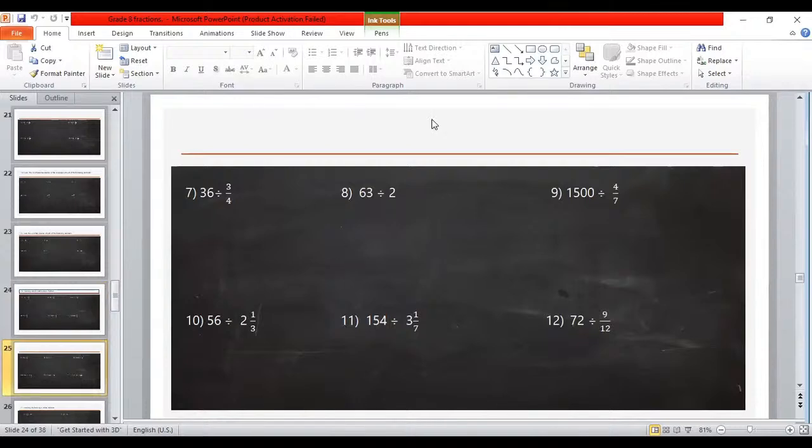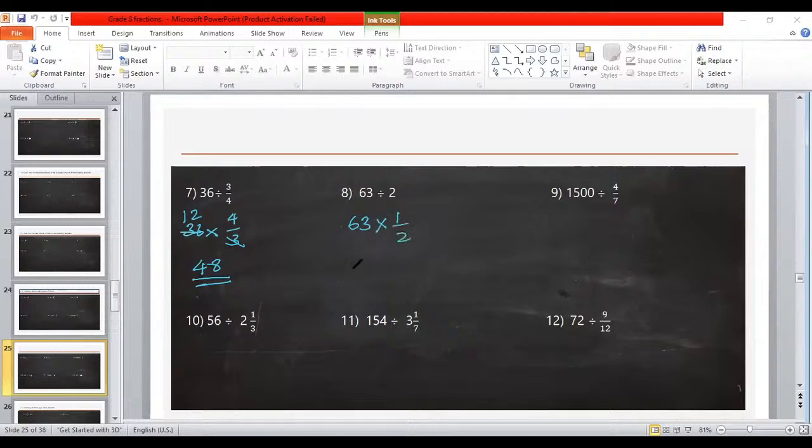This is also a whole number part. 36 multiplied by 4 over 3. How many threes for 36? 12. 12 times 4, 48. Now this one, 63 with the multiplication sign, you can write as division, 1 over 2.